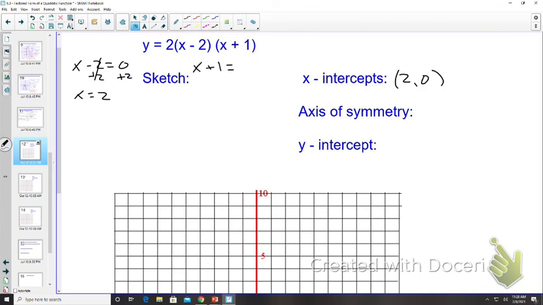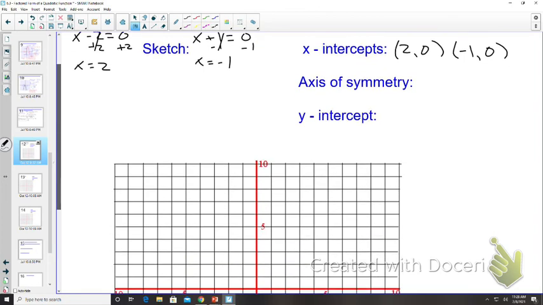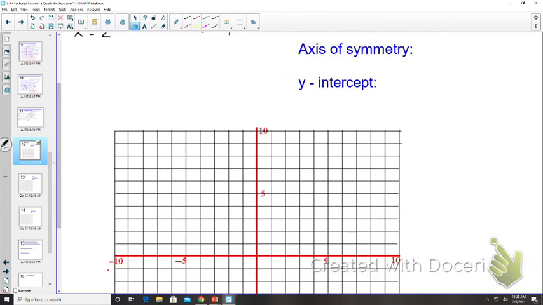So x plus 1 equals 0, minus 1, x equals minus 1. So my other x-intercept is negative 1 and 0. Okay, so I'll plot those.